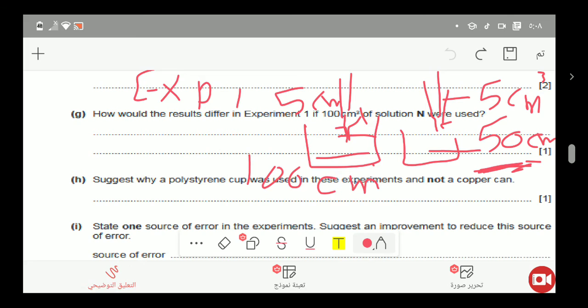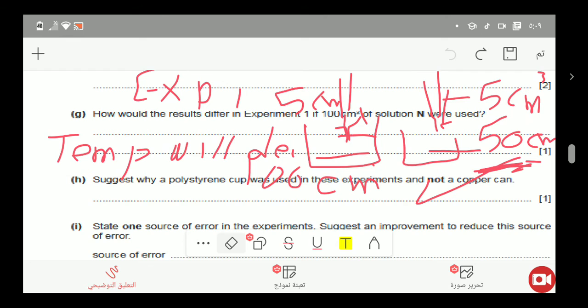Which one had the greatest temperature? Of course the one with less volume. So if we increase the volume to 100, the temperature will decrease.